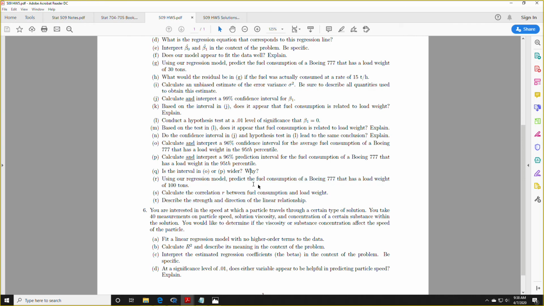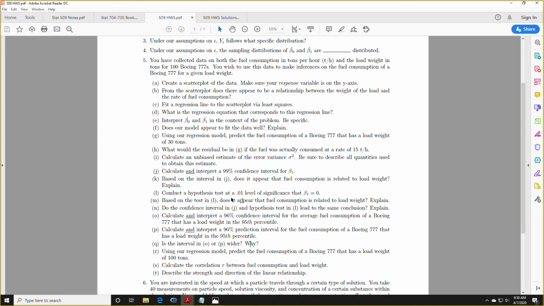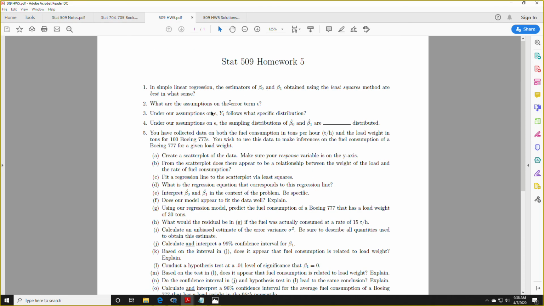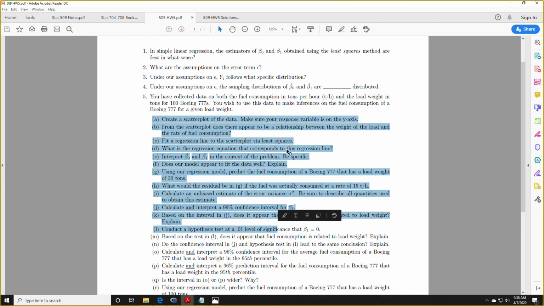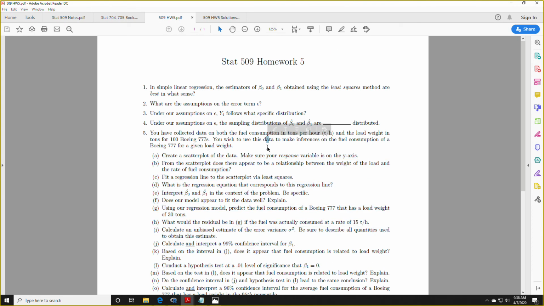But try to get all of this output yourself, and maybe I will start next time and go over some of this problem just to give you another example and make sure that you are confident in using this code on a different data set. Of course, this data set, Fuel, should be on Blackboard, okay? And so you should have what you need to complete most of this stuff, and I can go over it at the beginning of next class.